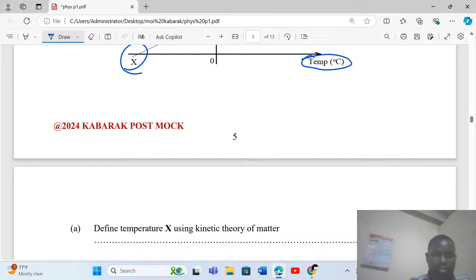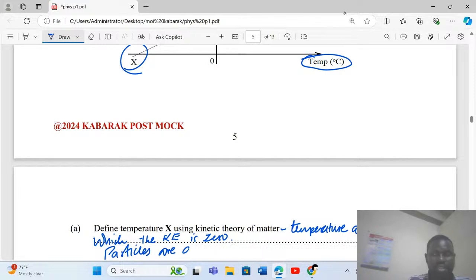This is the temperature at which the kinetic energy is 0. Particles are assumed to have zero motion.